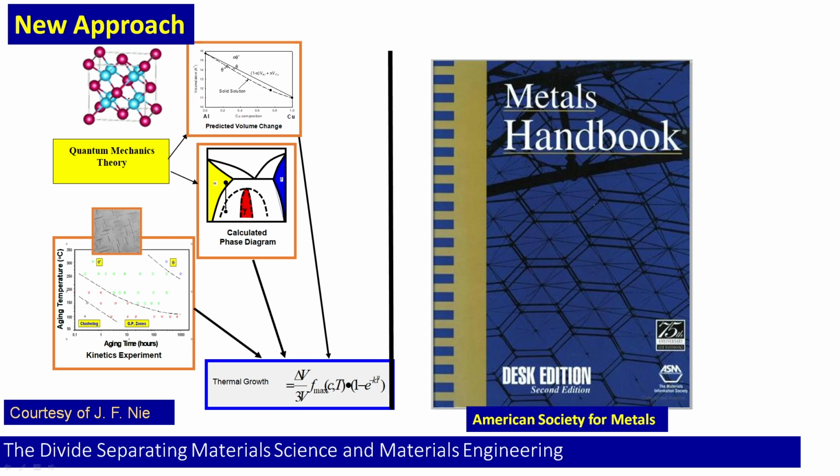That is what we will discuss today. These are called calculated phase diagrams, and then from there we can talk about diffusion, kinetics, aging behavior, all these aspects. So, this is the divide from atomistics to the macro scale. That divide needs to be bridged, and how we can do that is the discussion today.